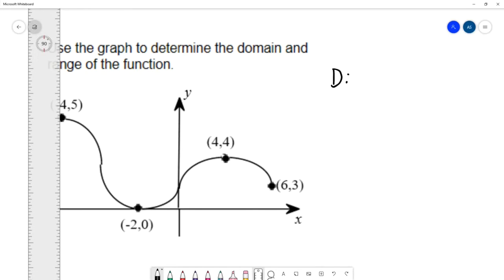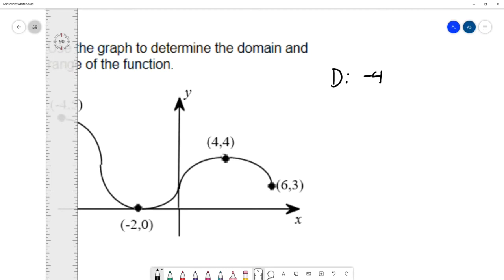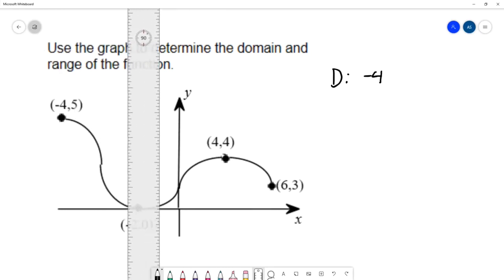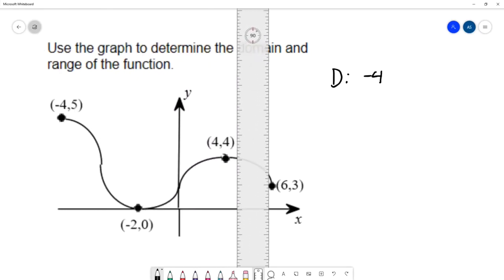So my domain starts at that x value of negative 4. I'm going to continue moving that ruler to the right until my domain stops. This is the last point when my ruler is touching the graph, and so my domain will stop at 6.